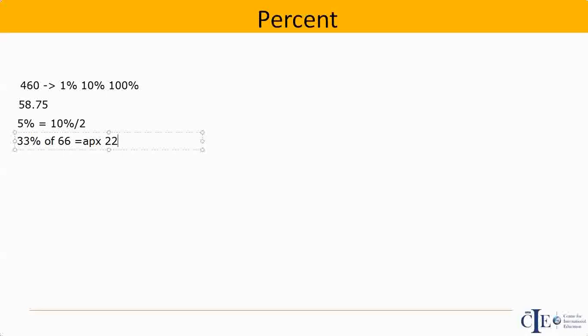But let's say the options are very close. They don't give us much of a difference. Let's say there are two options which are less than 22. The option values are 21.89, and then the next value is 21.78. Which one would you pick? Because you see both of them are less than 22 and pretty close.